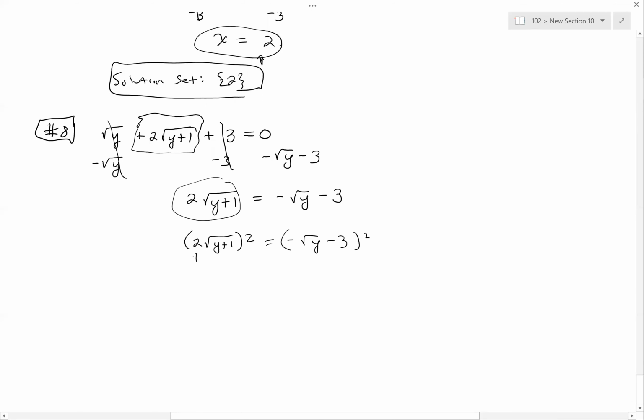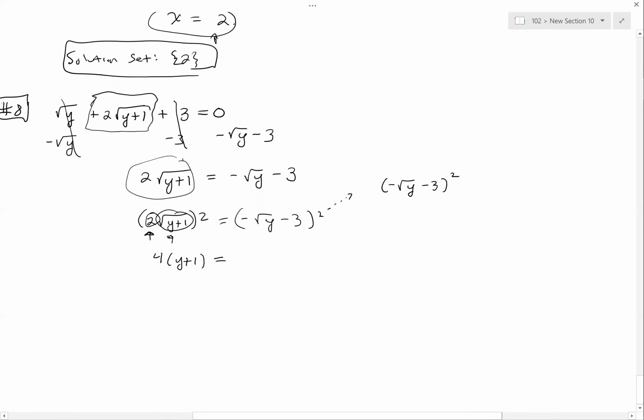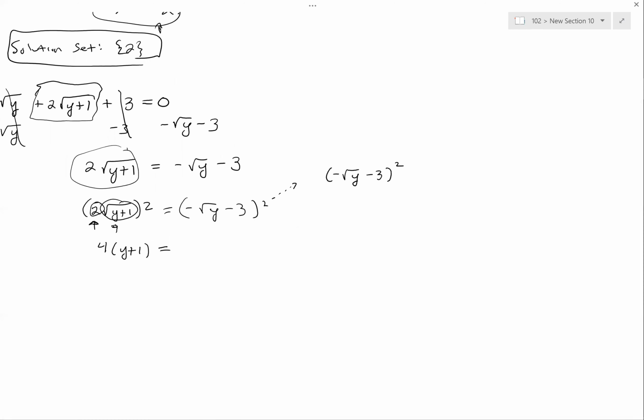If I square the right-hand side, again, remember we have to multiply this out. You could actually remove the negatives if you know how. I'm going to assume that that is not known. So I'm just going to multiply this out the old-fashioned way.